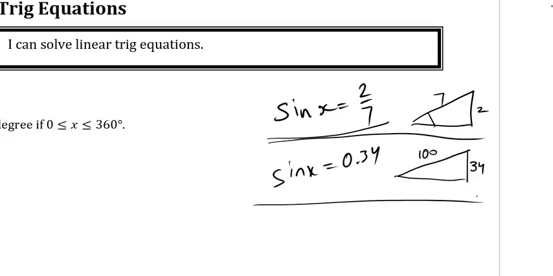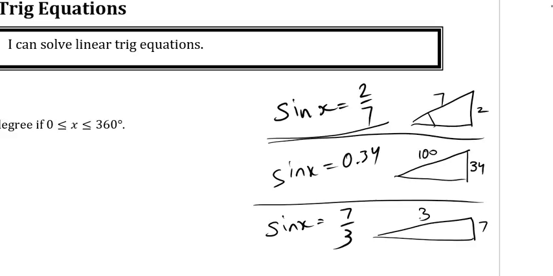And then similarly, what if I'm solving one of these equations and I get something like sine x equals 7 over 3? Well, that's not going to work. How can I have a side that's opposite be 7 and the hypotenuse be 3? That won't make any sense. From grade 10, we know this. We also know a little bit about this from the graph of sine.